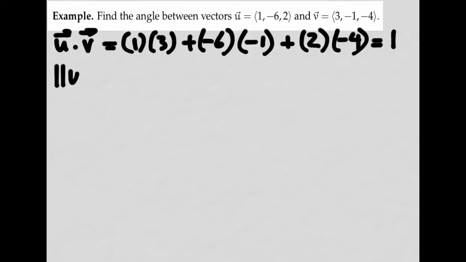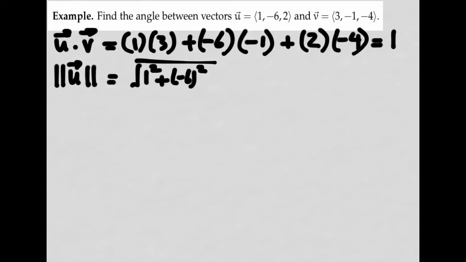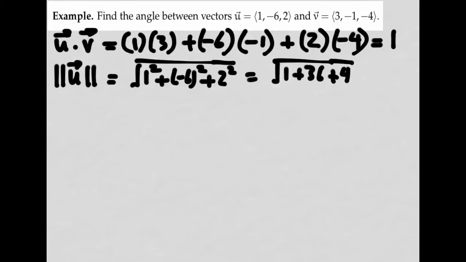Magnitude of u equals square root of 1 squared plus minus 6 squared plus 2 squared. That's square root 1 plus 36 plus 4, which equals square root of 41.